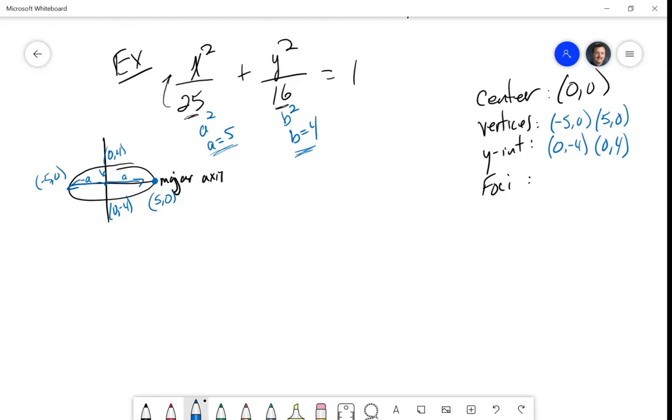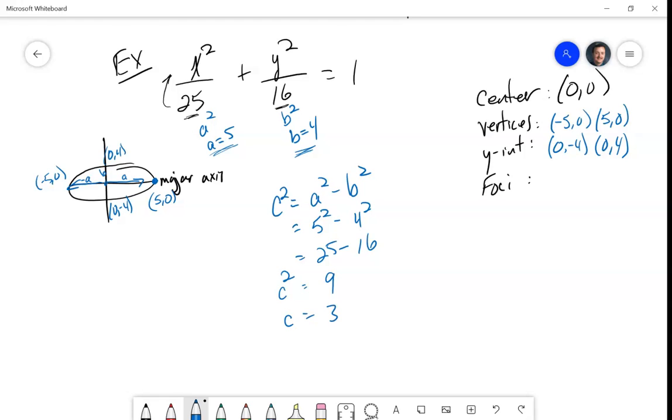If I'm trying to figure out my c, which is the distance to my focus points, then I have c squared is equal to a squared minus b squared. That would be 5 squared minus 4 squared. If we do that, then I would have 25 minus 16, which would give me 9, and that is c squared, which would mean that c would have to be 3.